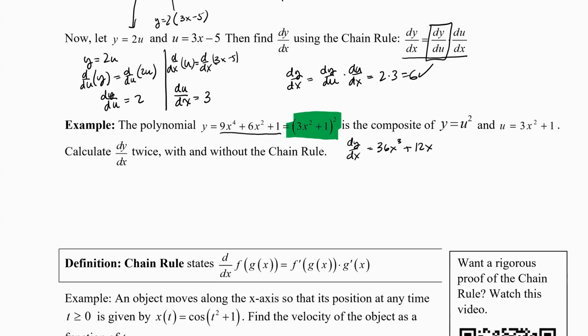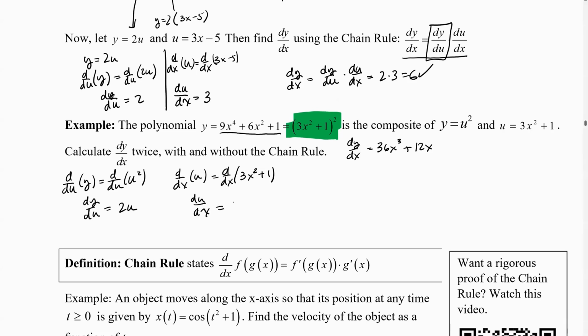Well, let's give it a try. So if we take the derivative of the first equation with respect to u, we get dy/du is equal to 2u. If we take the second equation, 3x squared plus 1, with respect to x, we get du/dx is equal to 6x.